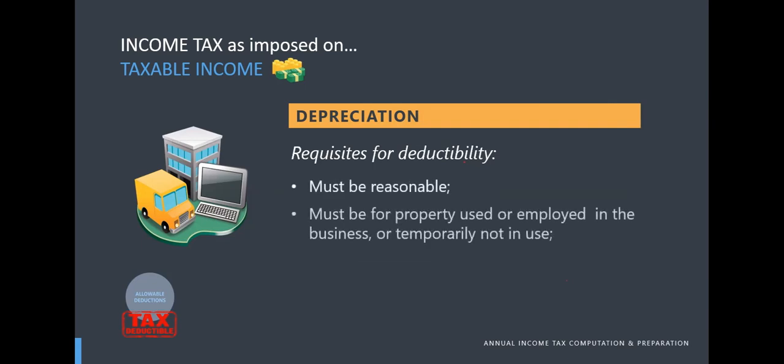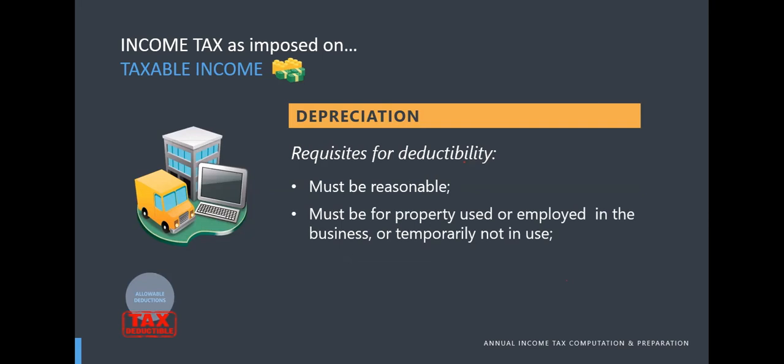Requirements for deductibility: it must be reasonable, and the property must be used or employed in the business or temporarily not in use. Employed in the business could be vehicles, buildings, computer equipment that is used in the business.